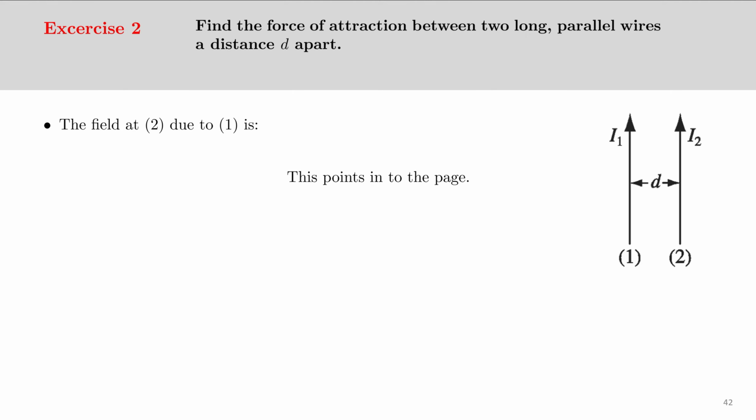The magnetic field that is experienced at the position where conductor 2 is located due to the current in conductor 1 is given by B1, which is equal to mu 0 I1 divided by 2 pi d. So this is that field, and at the point where conductor 2 is located, this magnetic field points into the page.